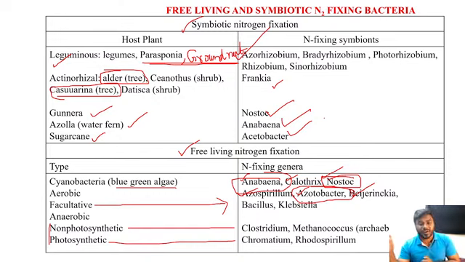Please kindly do not forget that particular statement. They can ask us in a part B question stating that which of the following bacteria can act as a free living bacteria and symbiotic bacteria. Every student has to remember this, friends. Nostoc, Anabaena and Acetobacter. Do not forget.